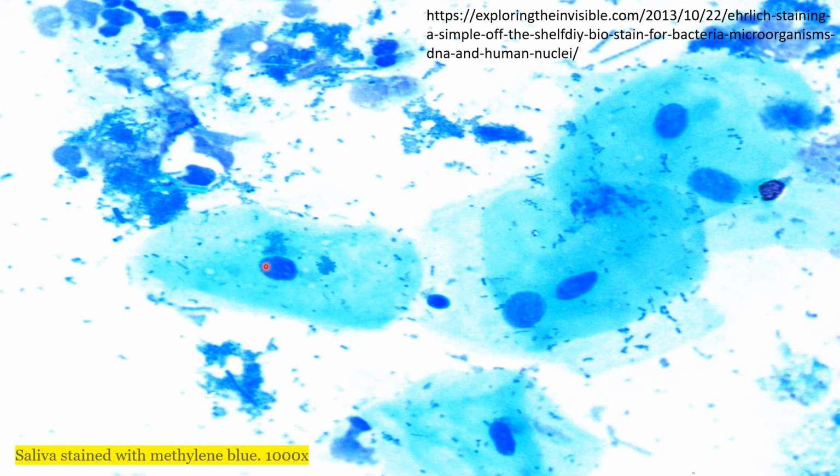So this is the nucleus, and the cytoplasm here is the light blue. And as you can see, we have a lot of bacteria. So these are actually bacteria stained by methylene blue.